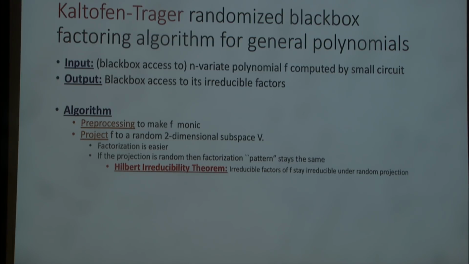So let me state this Hilbert irreducibility formally. Maybe it's instructive to see that. So this is the theorem. I'm just doing it in a language which will be convenient for what is coming later.